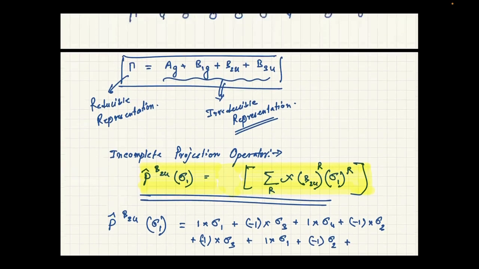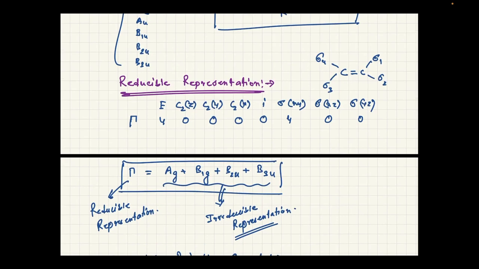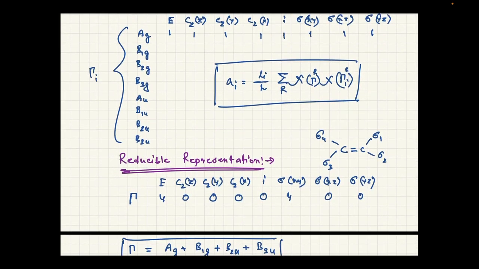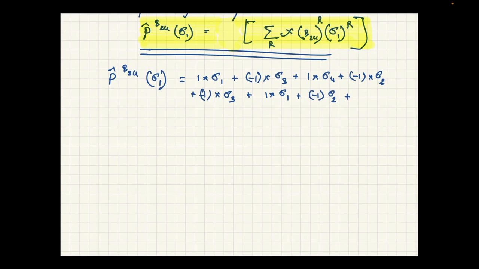Then the last symmetry operation is sigma yz. For sigma yz, y is this and z is above the plane, so sigma 1 will become sigma 4. Okay, this is easy. So 1 times sigma 4.